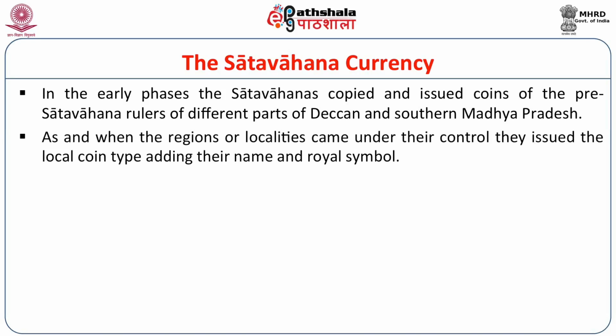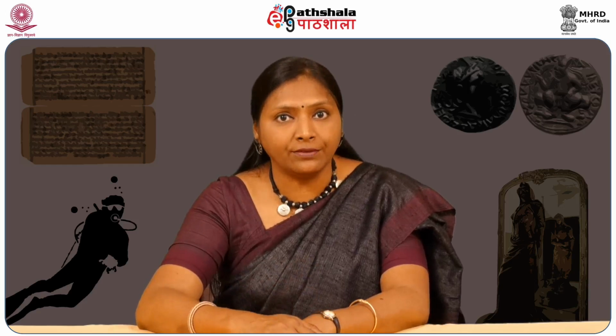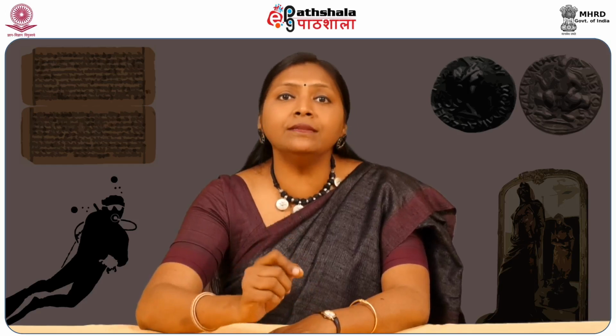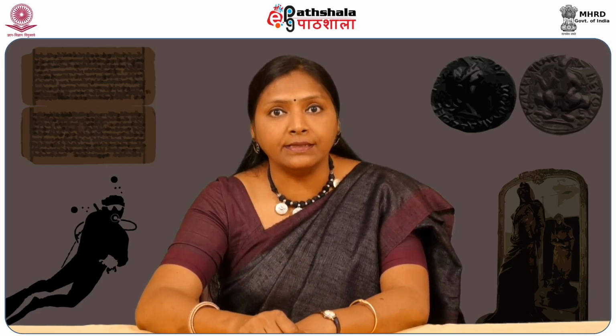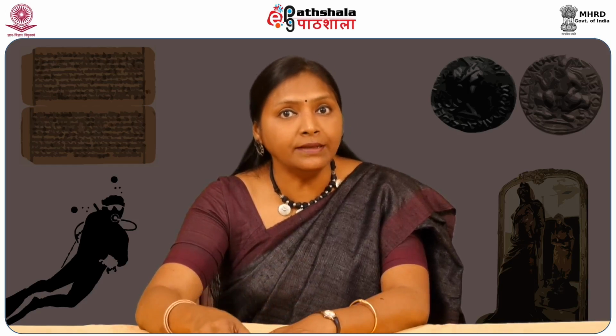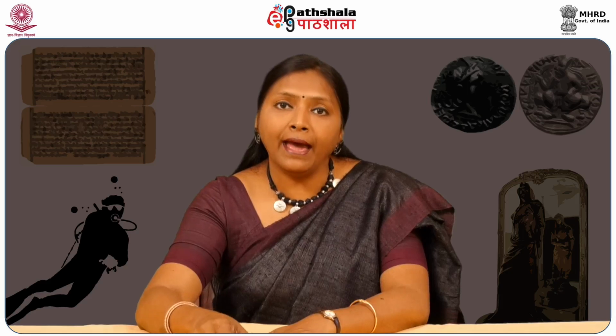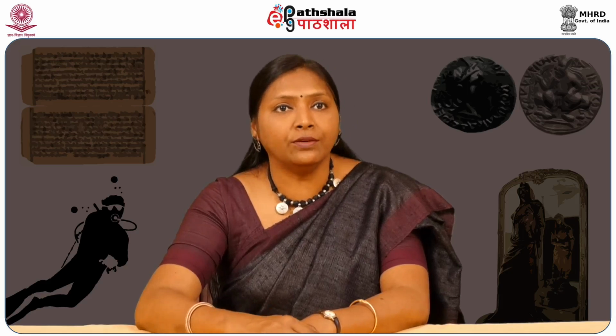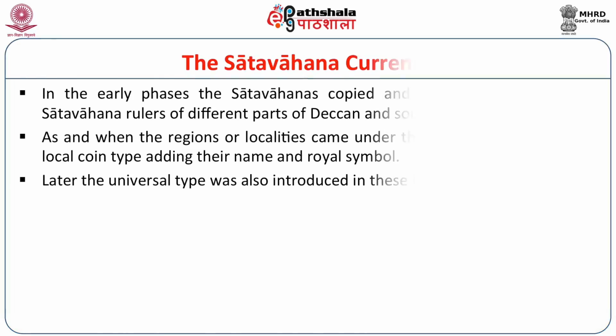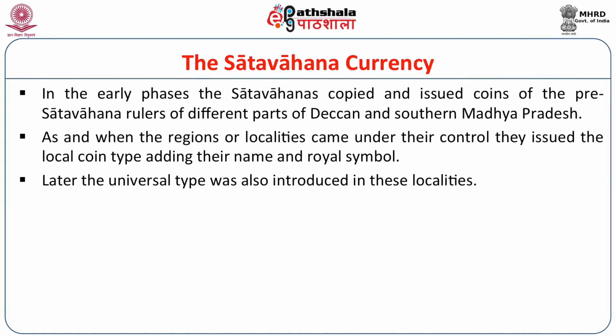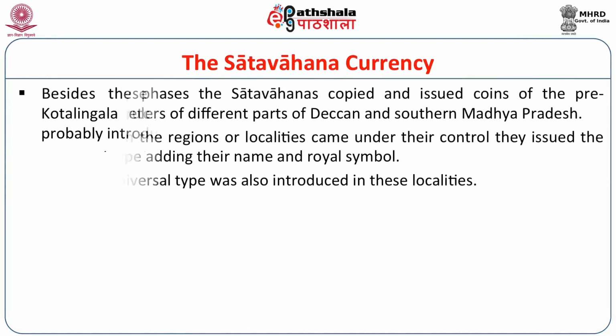As and when the regions or localities came under their control, they issued the local coin type, adding their name and the royal symbol. Gradually the universal type was introduced in that region. Just to maintain continuity in those localities, the Satavahanas imitated that particular coin type and then introduced their own coinage. Later, the universal type was also introduced in these localities.